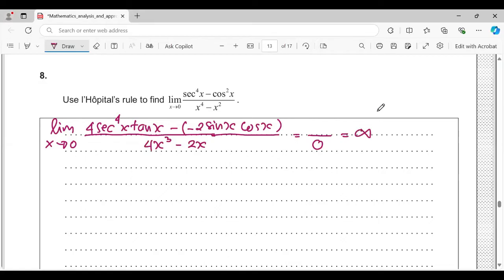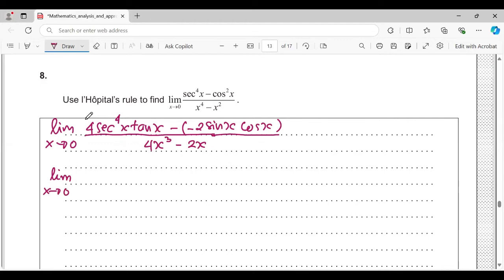So it means we have to find the next derivative of the numerator and denominator. So it will be the limit as x approaches 0.